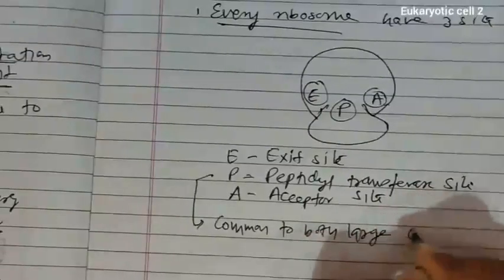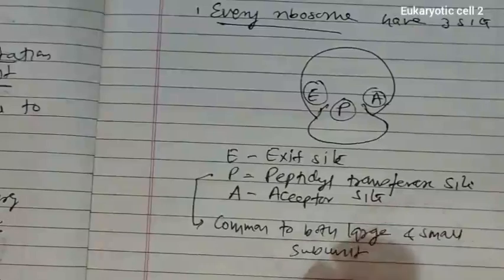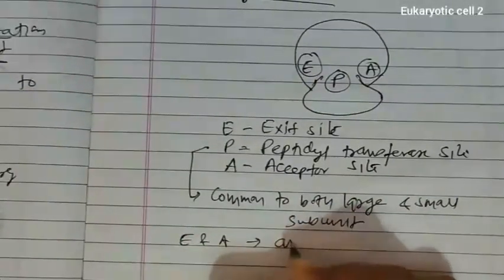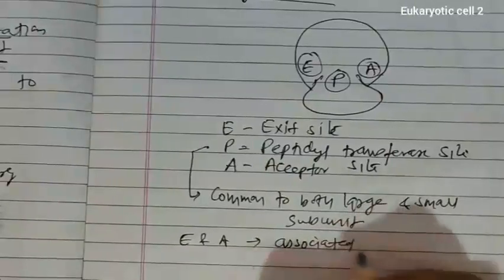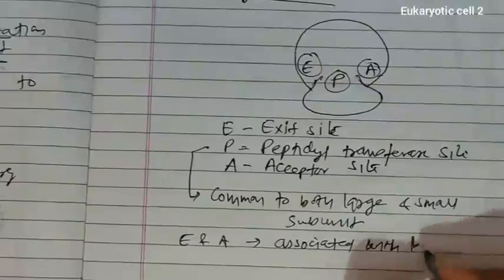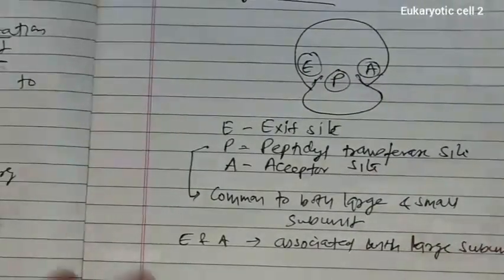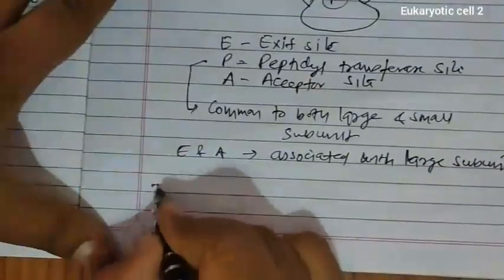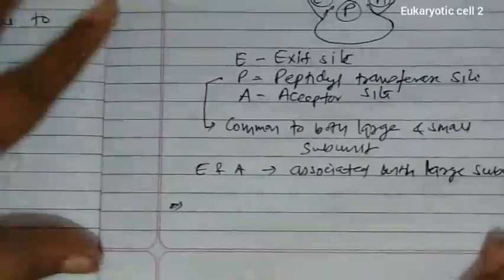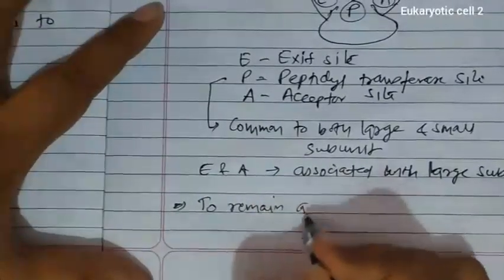Of these, P is common to both the large and small subunits, and E and A are associated with the large subunit. Okay, now these subunits can be dissociated or remain associated.